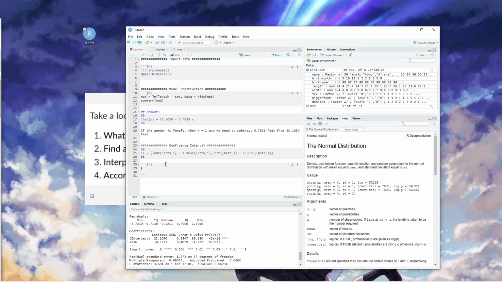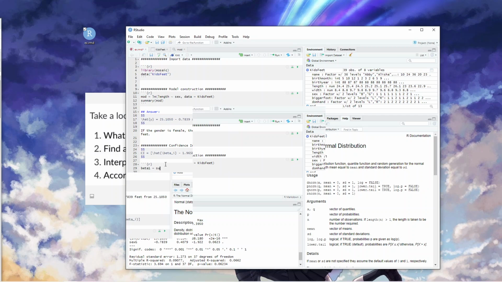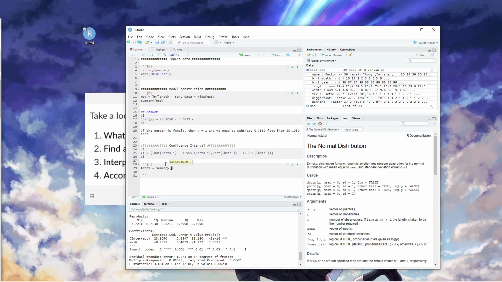What I want is my beta 1. Let me see, what is my beta 1? My beta 1 can come from the summary table, right? Not sure if this is a good way to do it. Let me see. So my beta 1 coefficient.